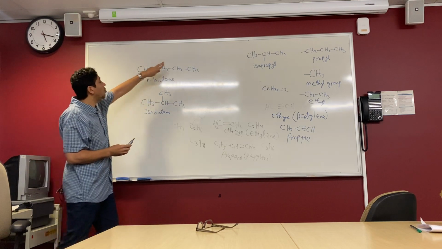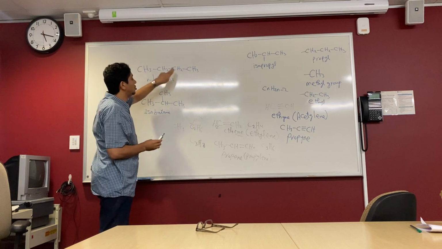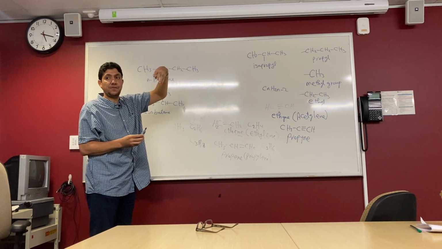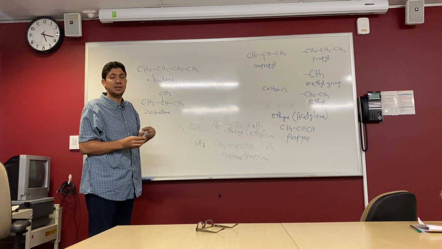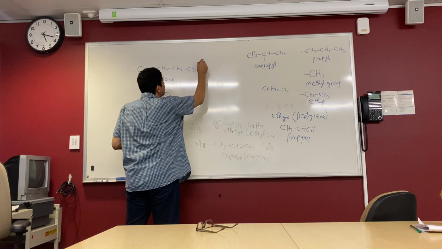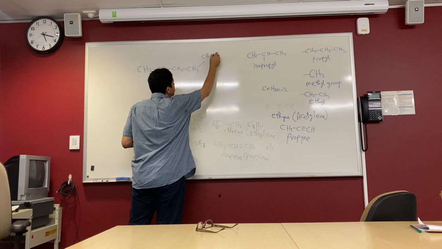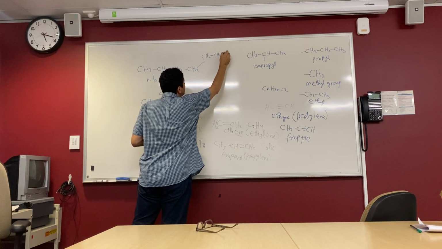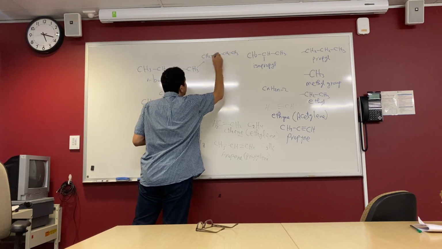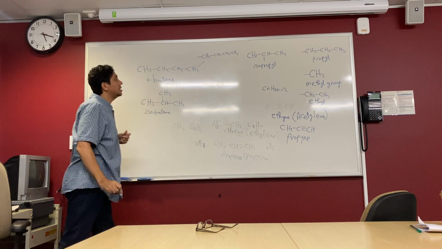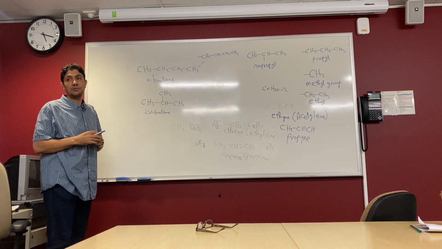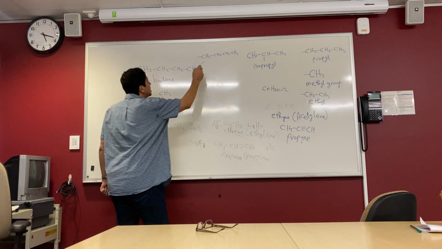Now if we take one of these primary hydrogen, what's the name of the group coming? If we take one of the primary hydrogen, so it will be like that, CH2, CH2, CH2, CH3, and attach it from here. What is the name of this? Just butyl group. This is butyl.